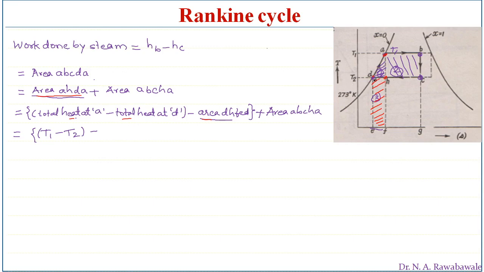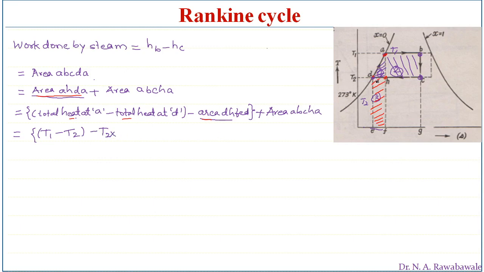The area of this rectangle can be obtained like this. Temperature T2 at this point, from the x-axis up to D, the distance is T2. So it is equal to T2 into this DH.